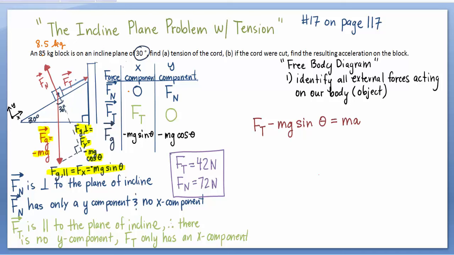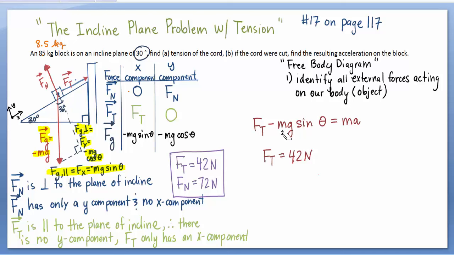Well, I know that when this block was stationary, FT equaled 42 newtons. I knew when the block was stationary that FT was equal to 42 newtons.